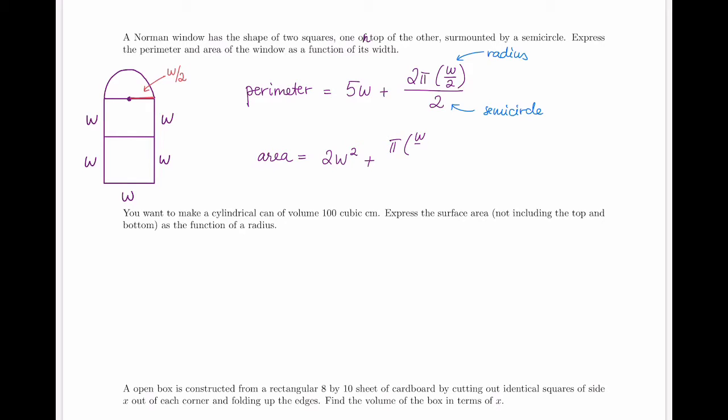Now here I have the radius as w over 2, and I only need half a circle worth of area, so I'm going to have to divide this by 2. Okay, so my descriptions here will be the same. This is the radius of my circle, and this divided by 2 comes from the fact that I only needed a semicircle worth of area.